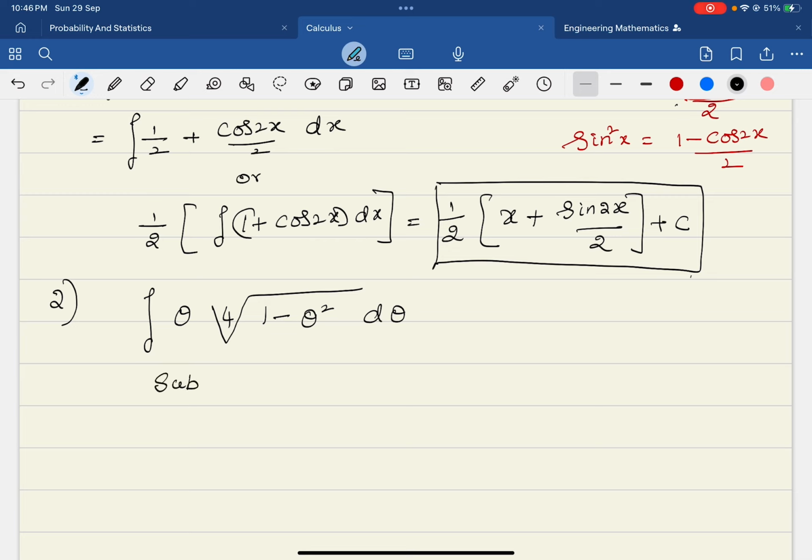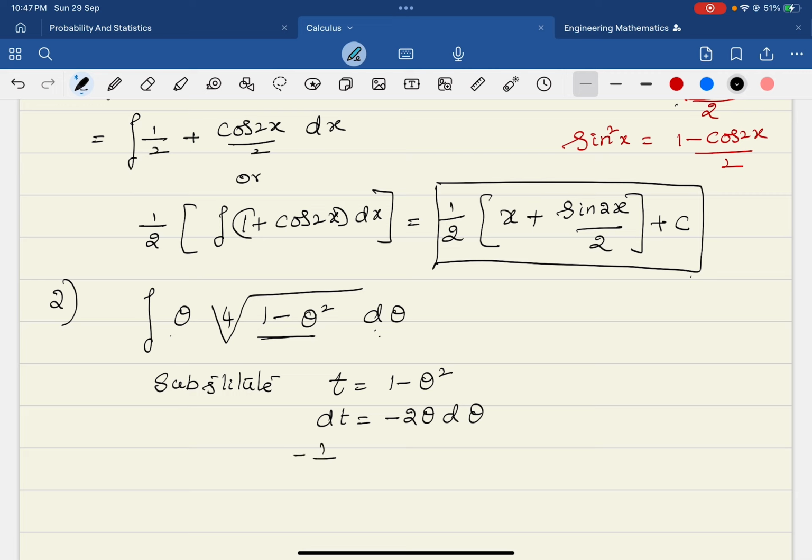So what do you have to do now? Substitute t equal to whatever is there in the square root. This is what you have to take, so that is t equals 1 minus theta square. So what is dt? dt is given by minus 2 theta d theta. But in the problem there is theta d theta, right?